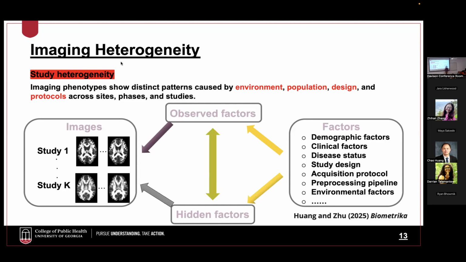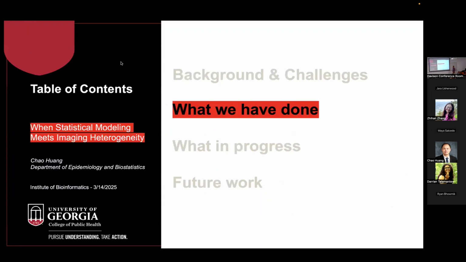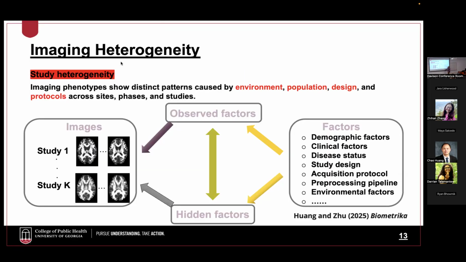If we want to investigate the association between these imaging phenotypes and some of the factors you are interested in, we can include all these observed factors as confounders. But the question is, we still have some that are hidden. If you just ignore these hidden factors, then all this association analysis is not reliable. Okay? So that is the question. And another challenge is that some of these hidden variables are even correlated with the observed ones.